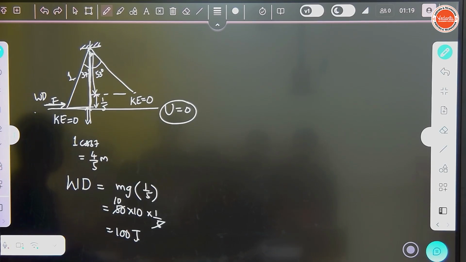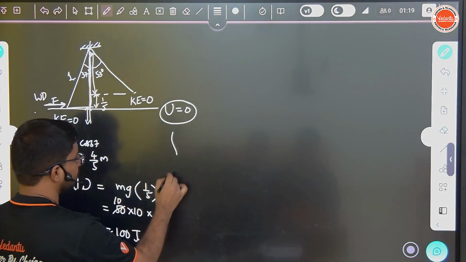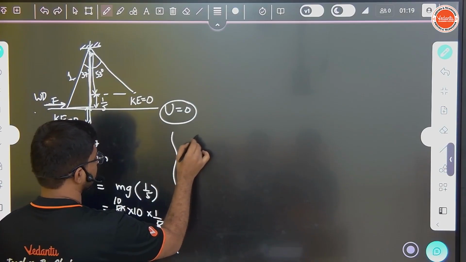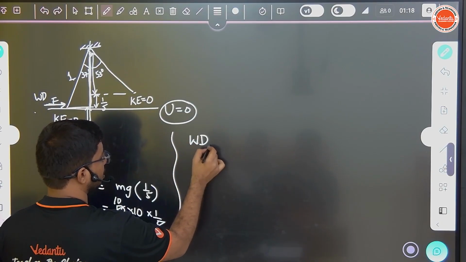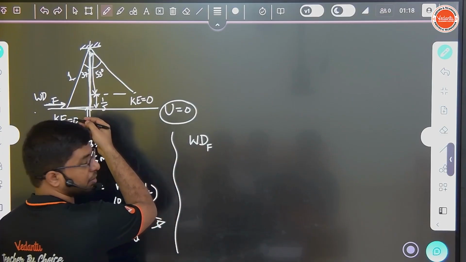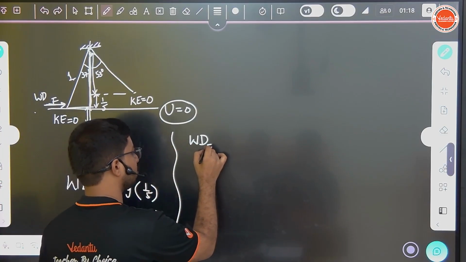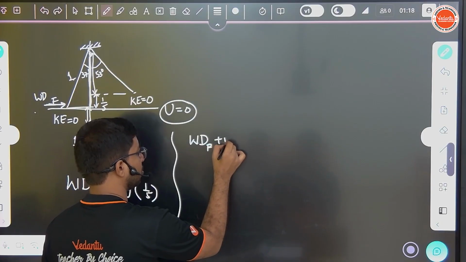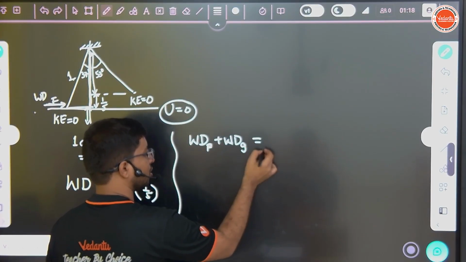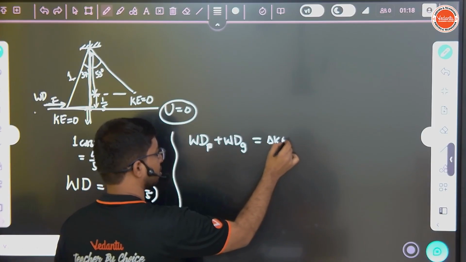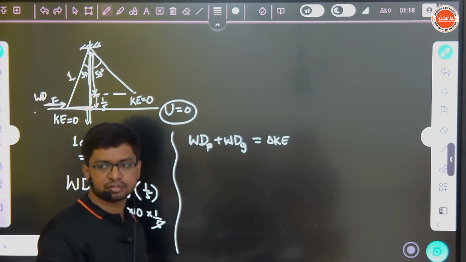Actually, what happens over here is that if you apply the work energy theorem, work done by this person, let us say I'll write this as WdP, plus work done by your gravitational force, all this is equal to the change in kinetic energy, right?